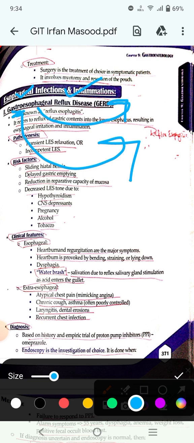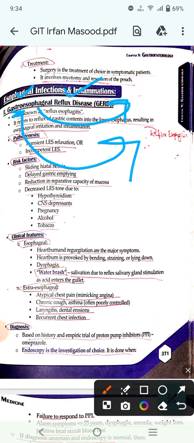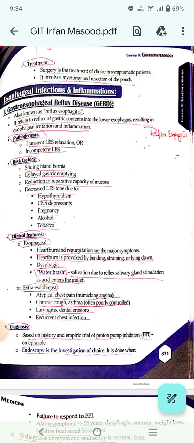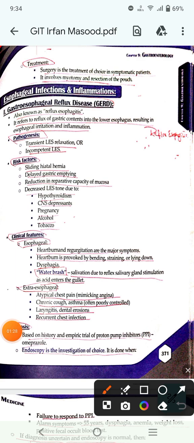It is also called reflux esophagitis, and its definition has also been written here: reflux of gastric contents into the lower esophagus, which results in esophageal irritation and inflammation. So let's discuss its complications first.